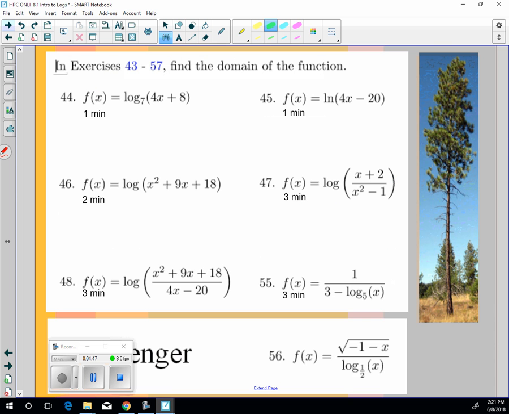Then, once you finish those, there's a domain section here, and just a quick little reminder that log graphs look like this. They go through the point (1, 0), and never make it past here, never make it negative, never get there.